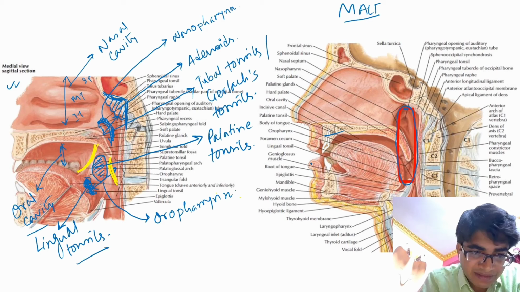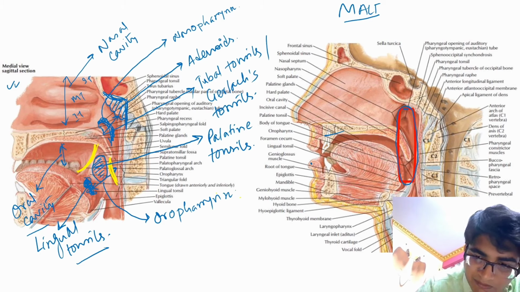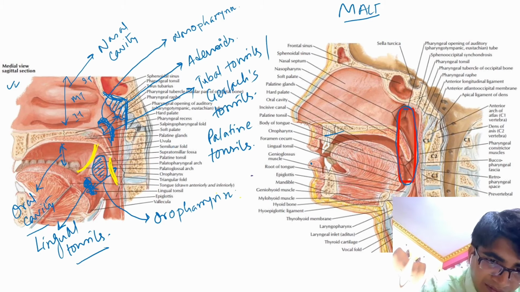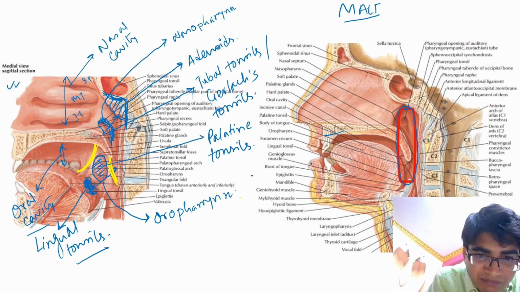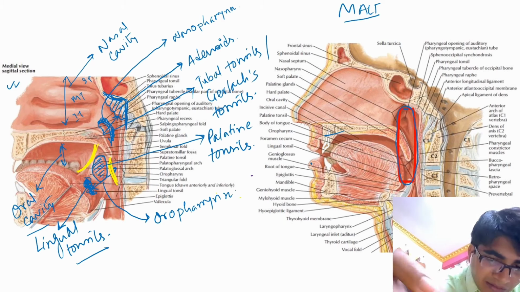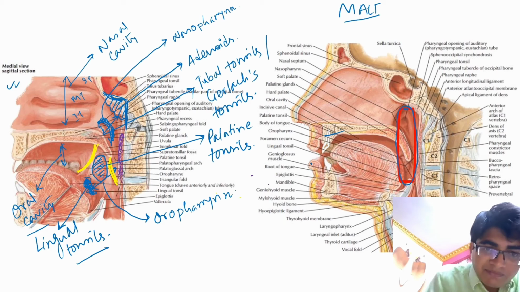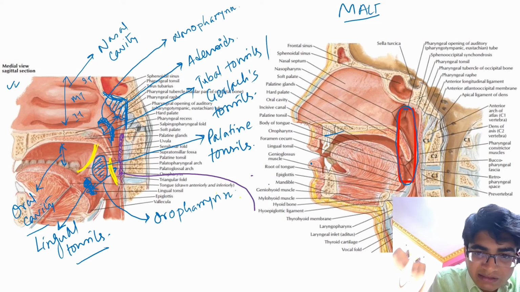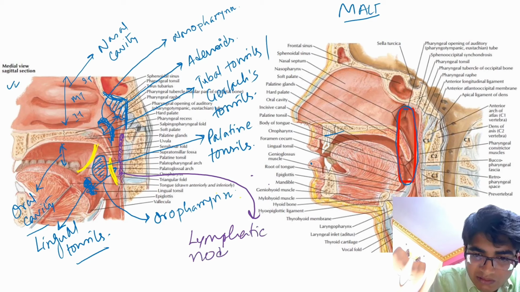There can also be some lymphatic nodules on the posterior pharyngeal wall, correct?